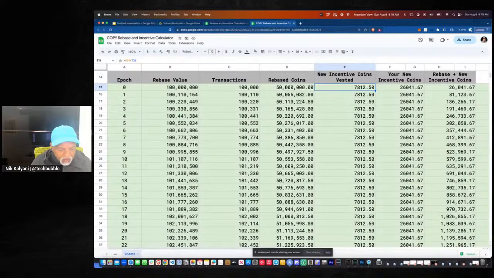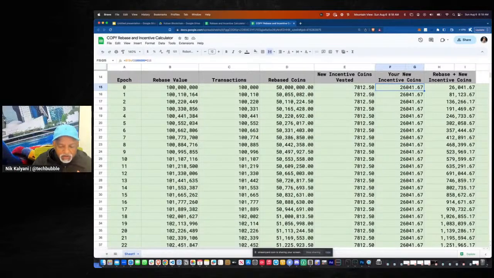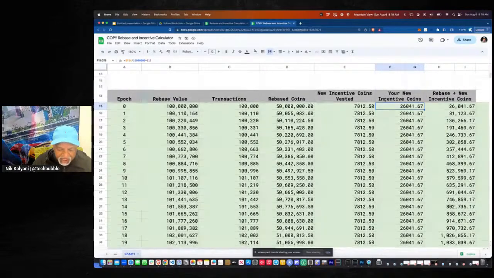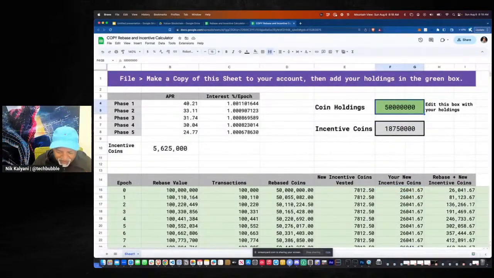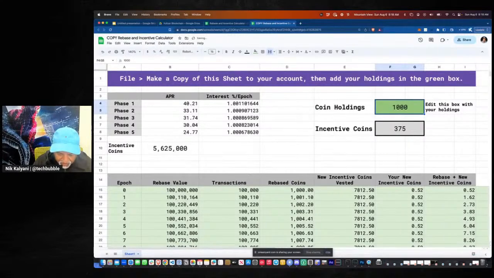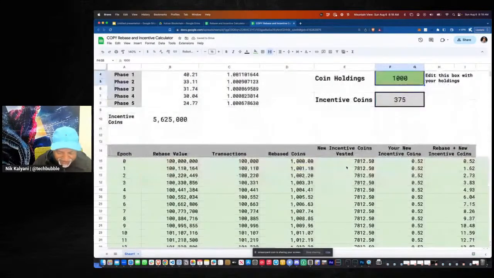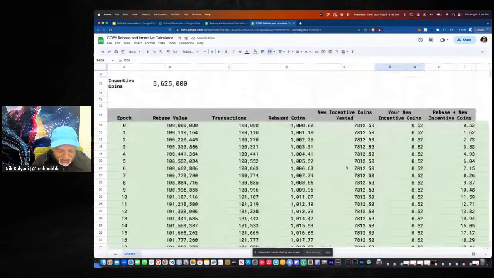Okay, the new incentive coins. So what we want to do is basically say that based upon the value here, 50 million, what are the new incentive coins? You know what, I should go back and change this to 1,000 so it's more realistic for everybody, because that's for the entire blockchain. I was wondering why those numbers are so large, and I just realized I didn't change it back. All right, this is probably better.